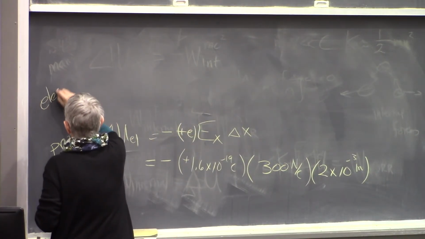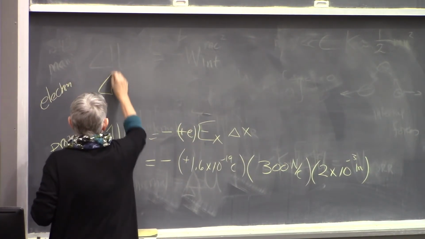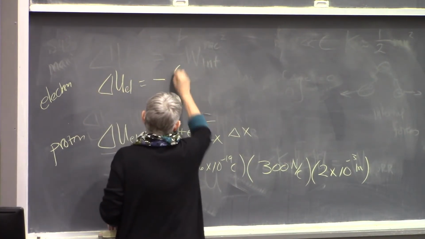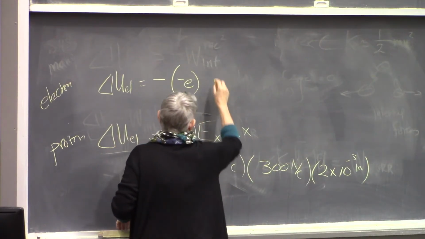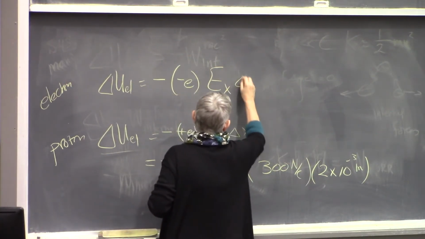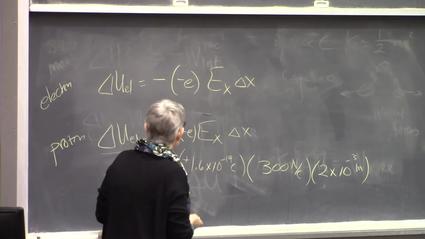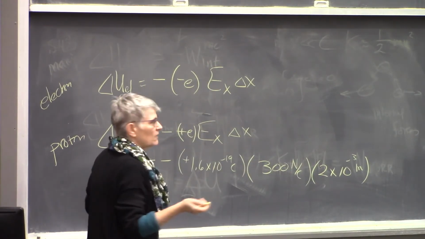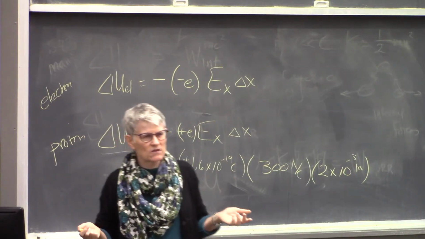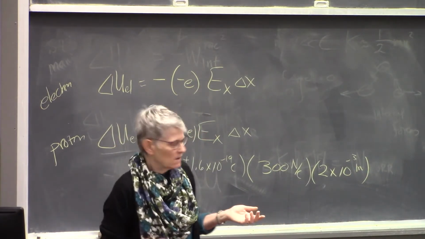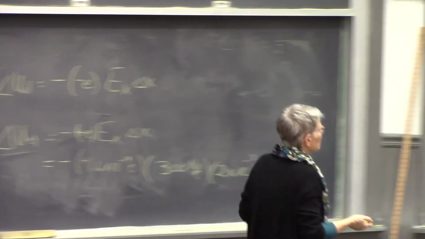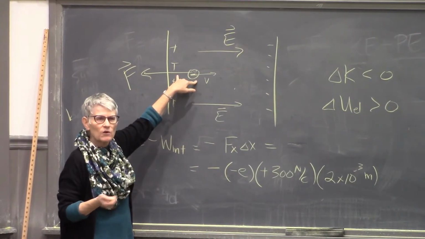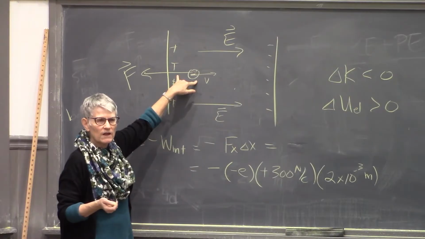For an electron, the change in electric potential energy was minus e, Ex, delta x. So the thing that's the same in both these cases, just like the electric field is the same in both these cases, but the force changes direction depending on whether the sign of the particle is positive or negative.